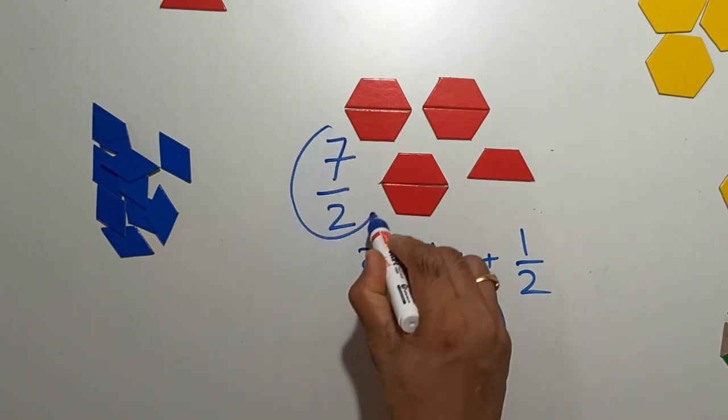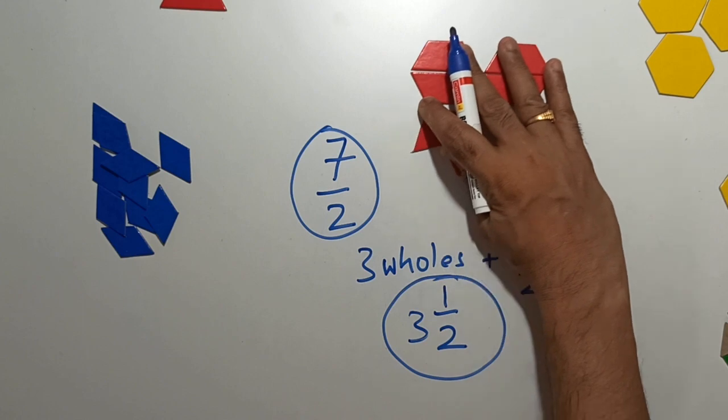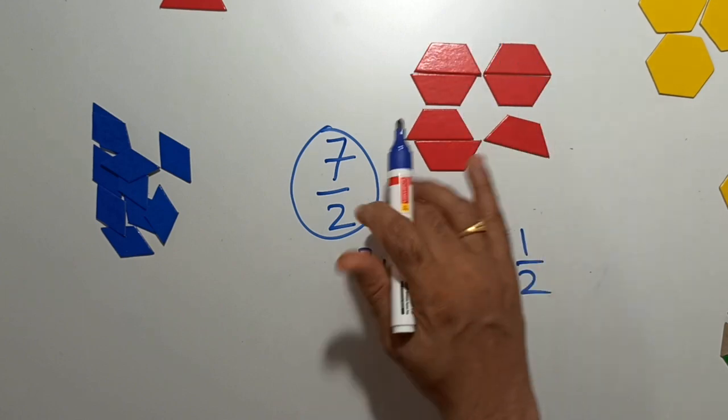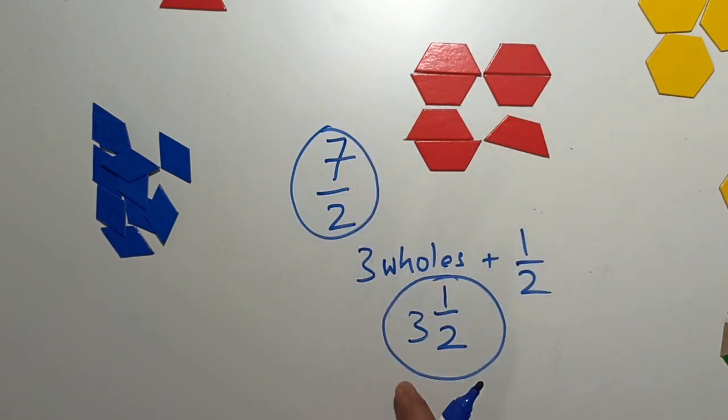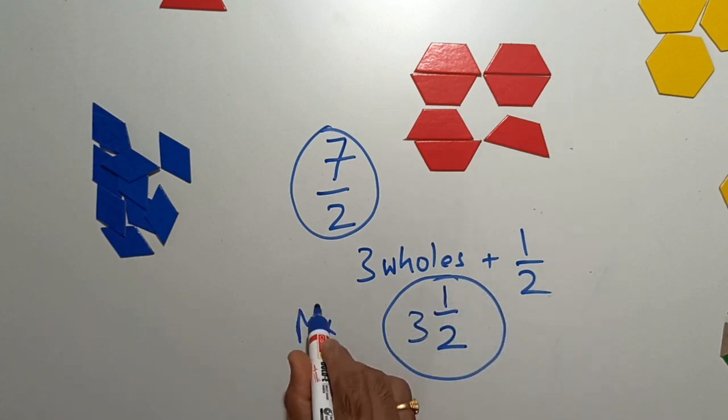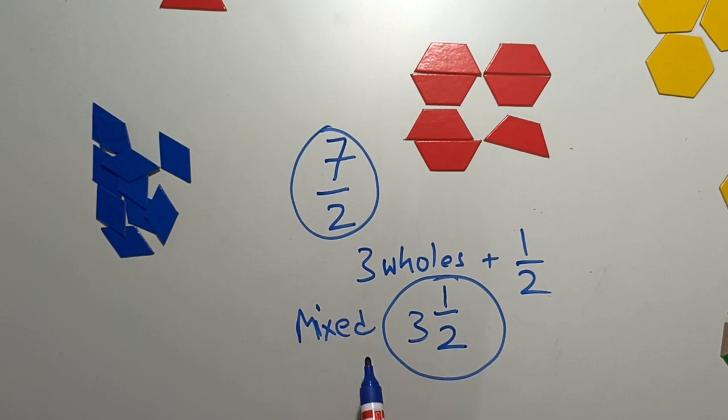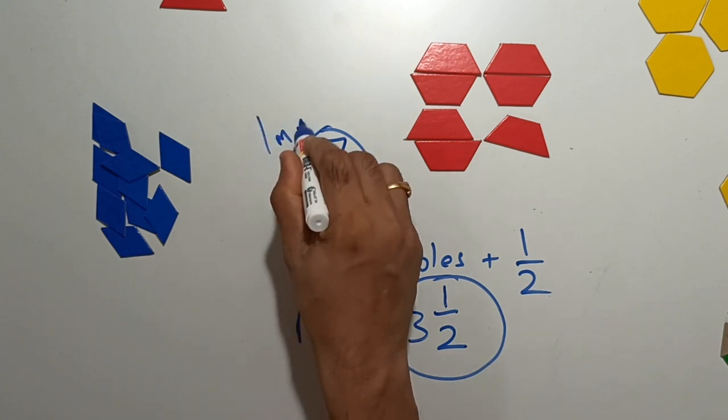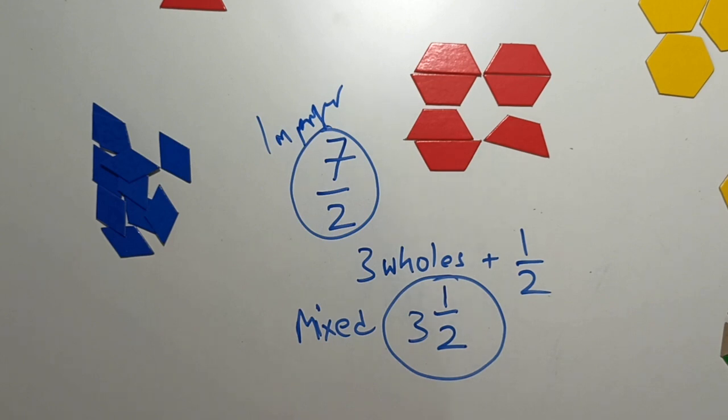The 7/2 form is called the improper fraction representation. The same thing can be written in another form, and we call this the mixed fraction representation.